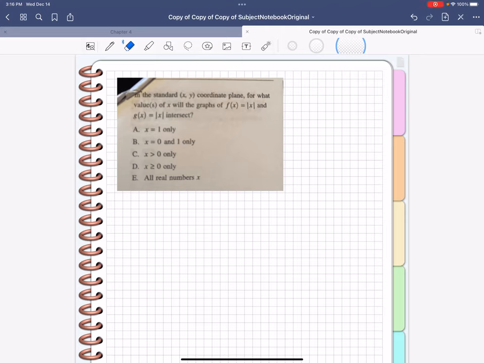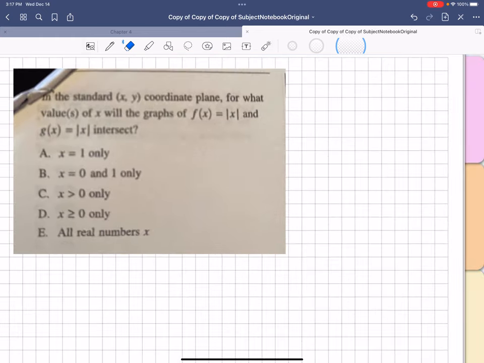In the standard coordinate plane, for what value or values of x will the graphs intersect? And we are given two functions, f of x and g of x. F of x equals the absolute value of x, and g of x equals the absolute value of x.